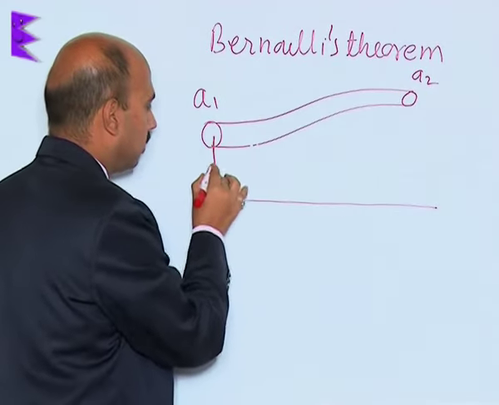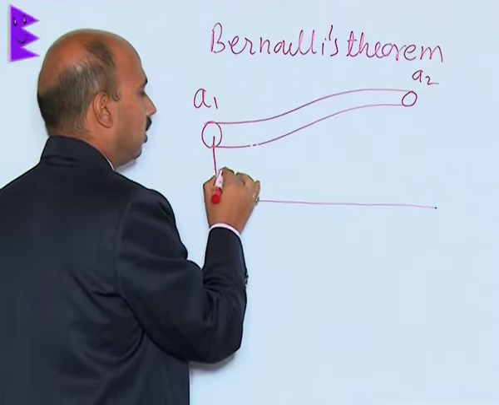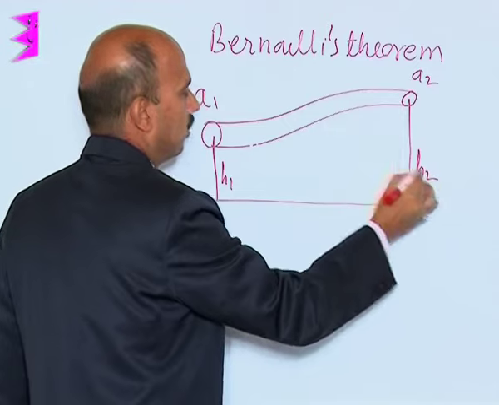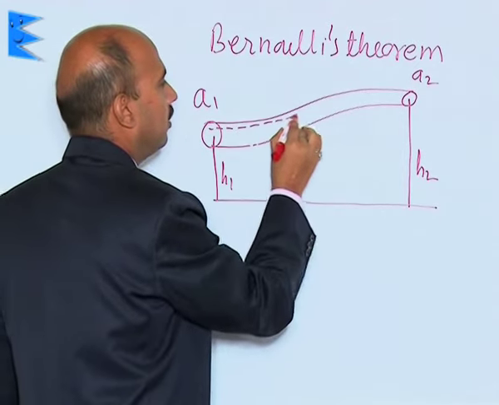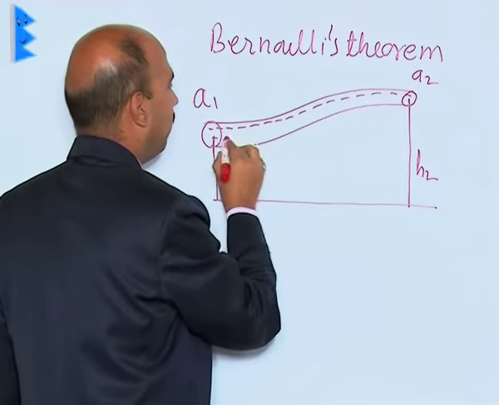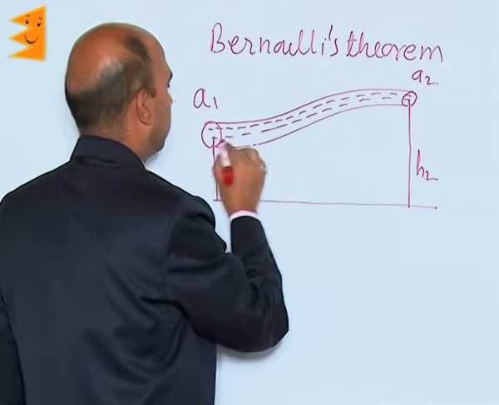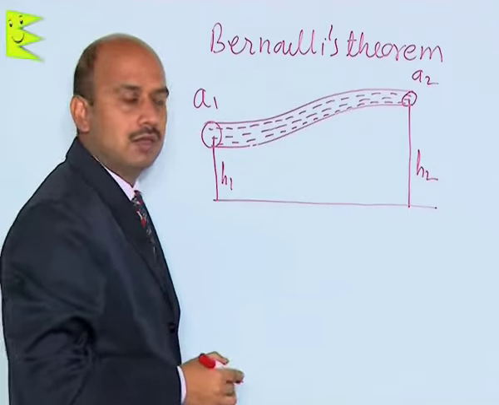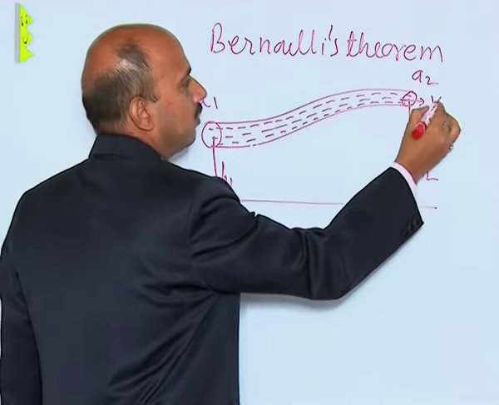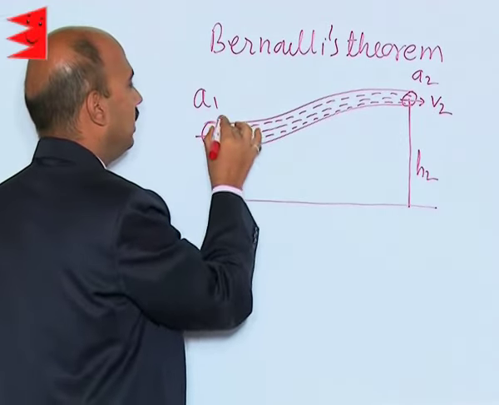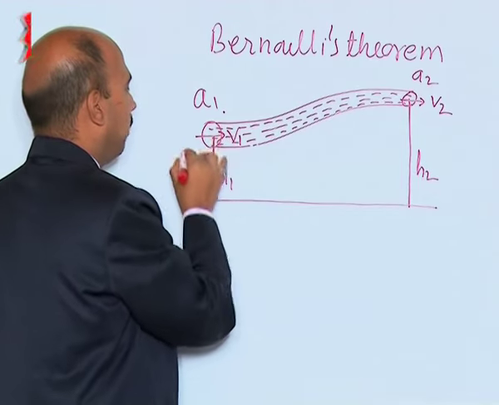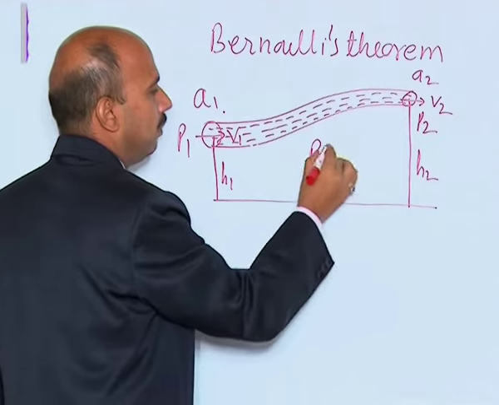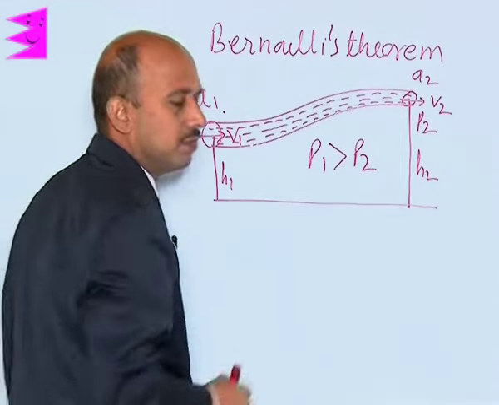This is height H1 and this is height H2. Liquid is flowing here in a streamline flow. So flow of liquid is a streamline. Here velocity is V2 and here velocity is V1. Pressure is P1 and pressure is P2. Obviously, P1 is greater than P2.